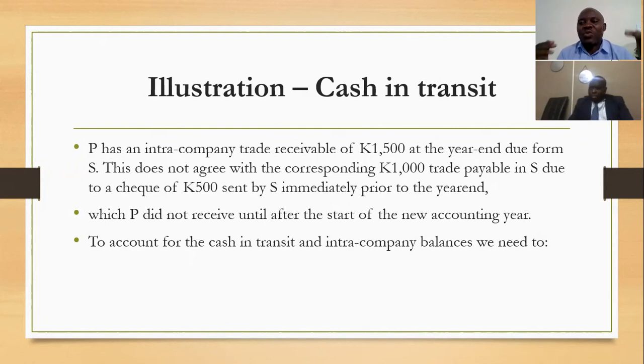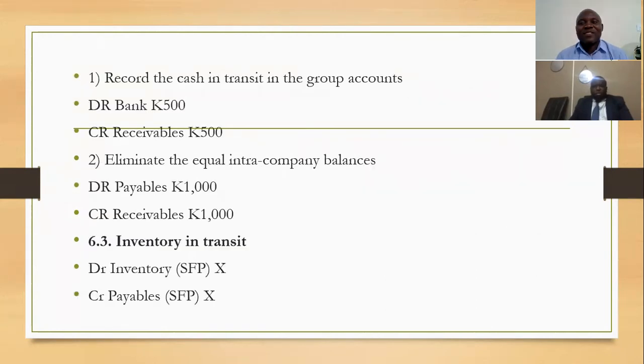Then once you have these two, you can cancel them. The receivables and trade payables are cancelled. But that 500 coming from the subsidiary is going to be reflected because you are assuming that you have received the 500 as the parent company. So this is how the transaction is going to be recorded in the group accounts, which I have already explained.